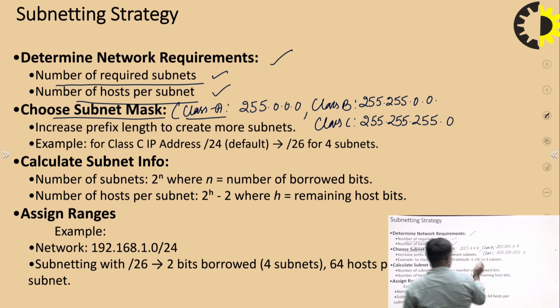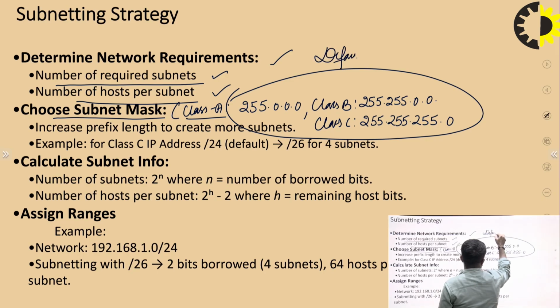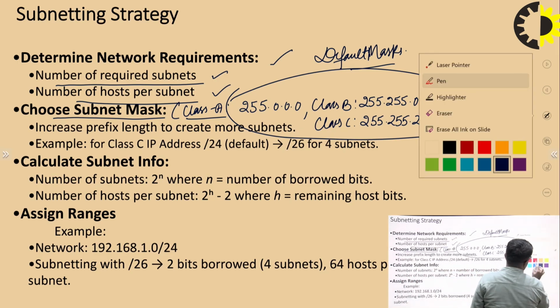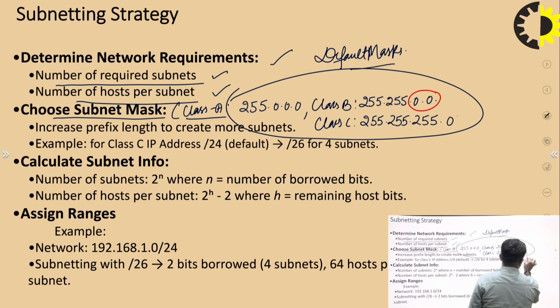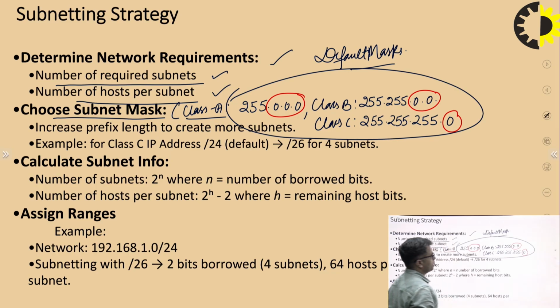But these are the default masks. To create subnetworks in the network, we will be using bits from the host part, which are shown as 0 in these IPs.